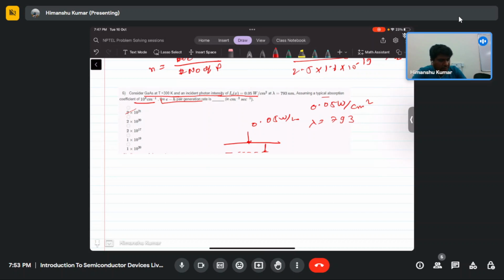The absorption coefficient will define how many per unit length, how many electrons get absorbed.